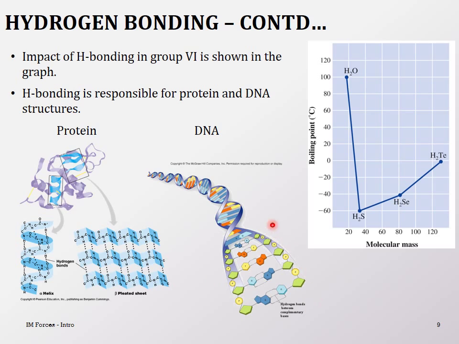And the same thing goes for DNA. DNA is what we call a double helical structure, because it's like two strings, like a spring, but it's two springs wrapped around together. And the two springs are actually held together only by hydrogen bonds. It takes a lot of energy to break these bonds. Remember, we were talking in the previous chapter in thermochemistry about how energy is used in the body.